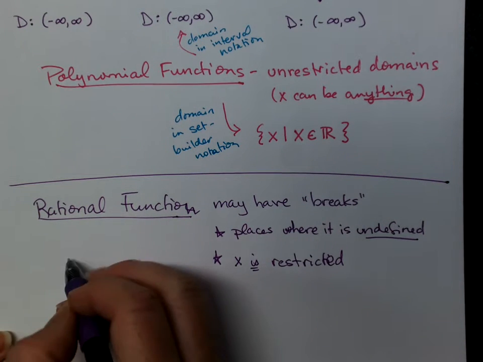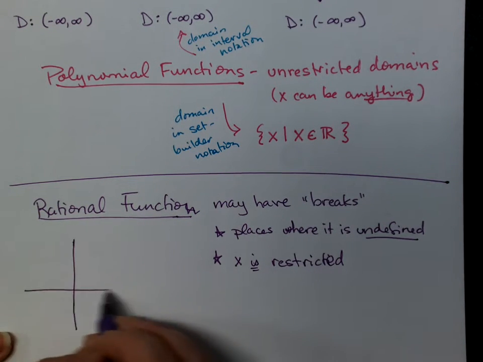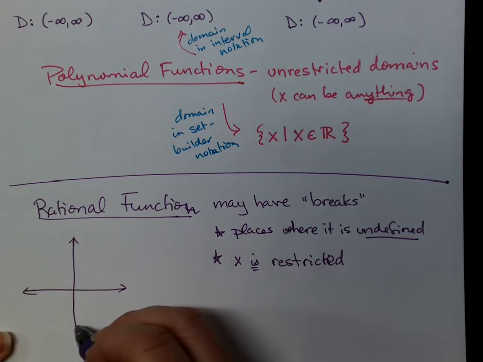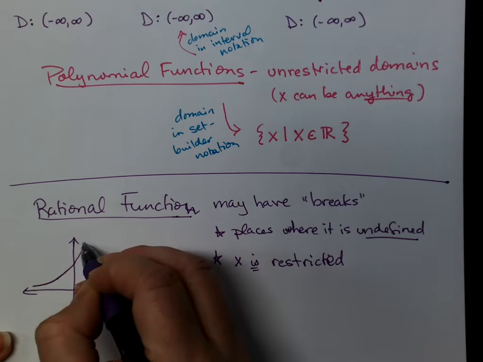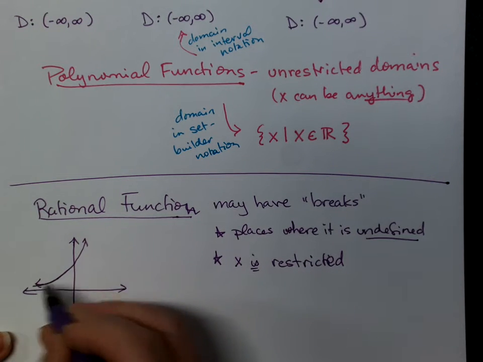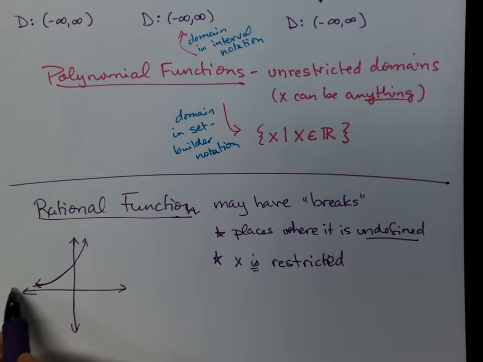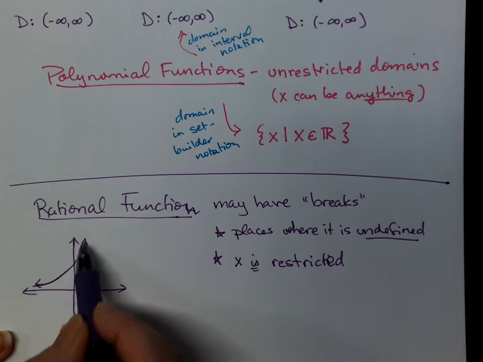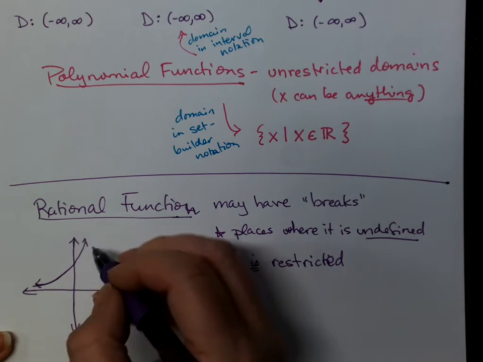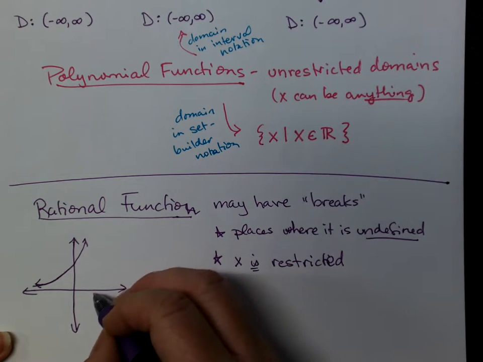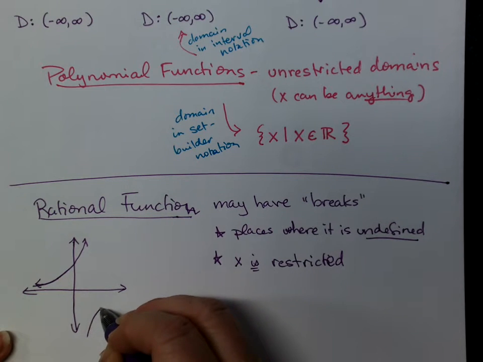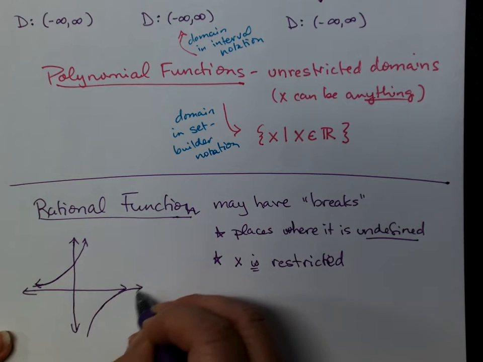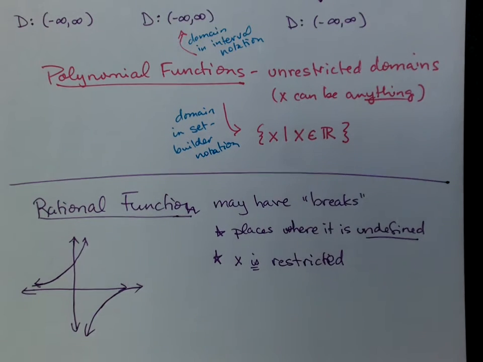So the graph of a rational function, in general, looks like this. You've got part of it that goes forever and ever and ever that way, and then it just shoots up or down towards infinity. Okay? And then you've got another part of it that goes off like that, for example.